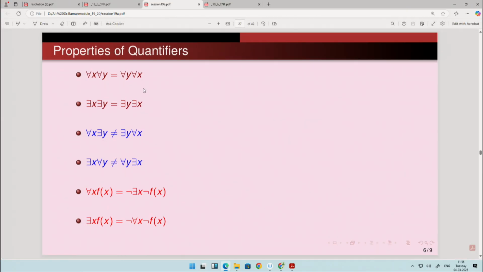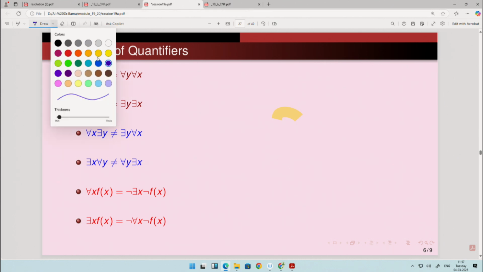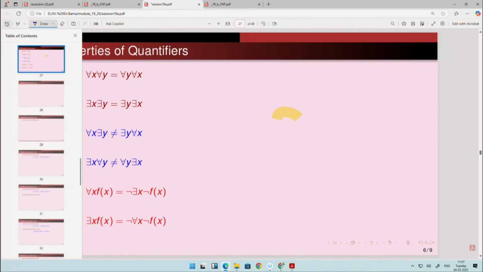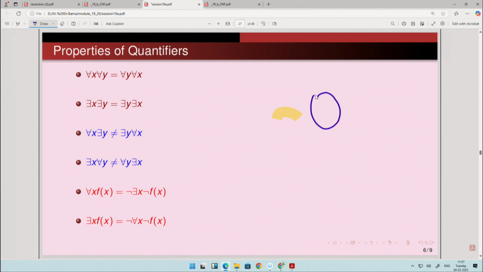Now, when we have a Venn diagram for this, the representation would be very clear. Suppose we have x and we have y.